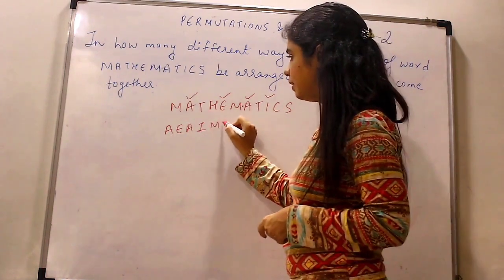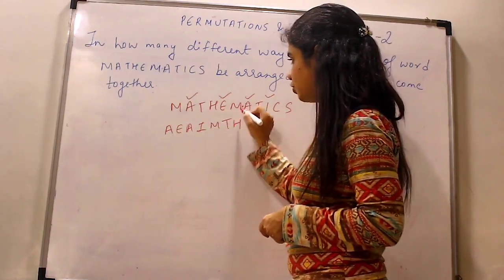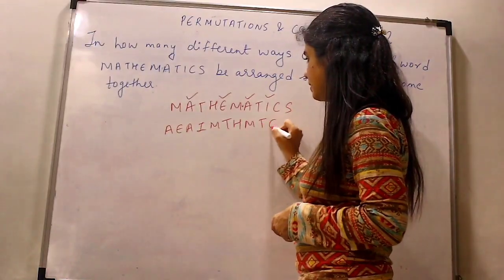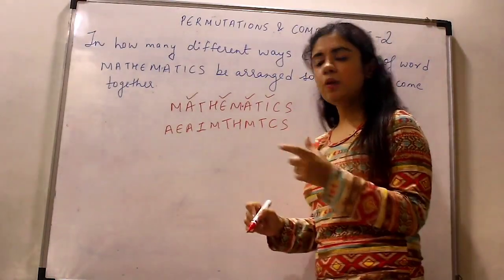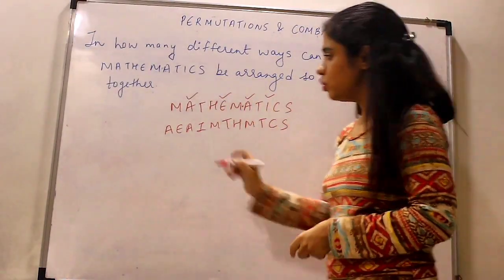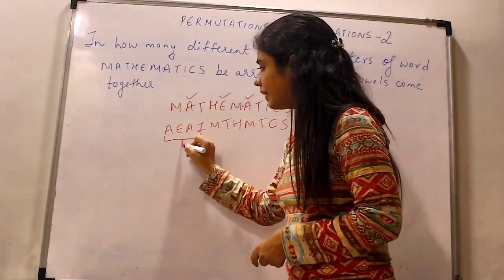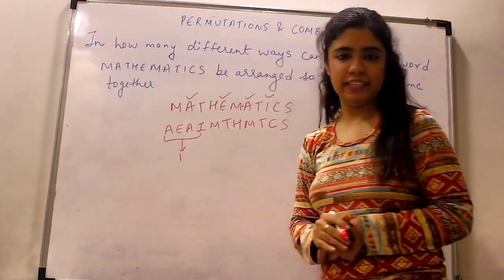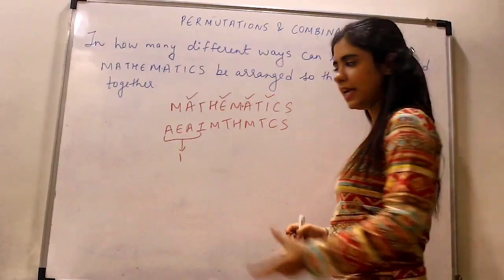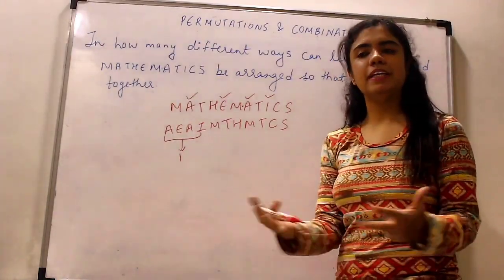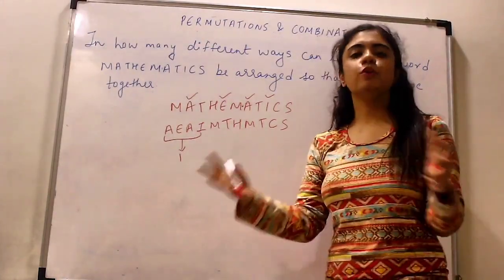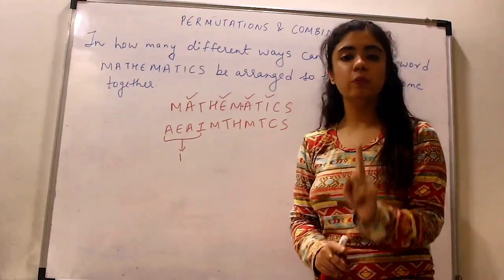You have M, T, H, M, T, C, S. Now the vowels have to come together. So I will combine them and consider them as only one letter. This is what we do always. Okay? So even if they talk about people, let's say 4 people have to come together, you combine them and consider them to be only one person.